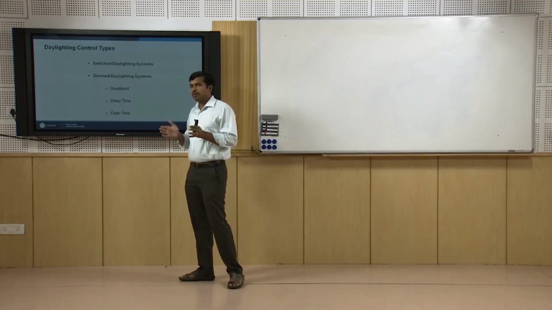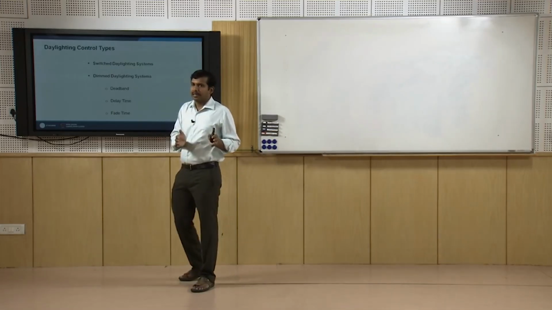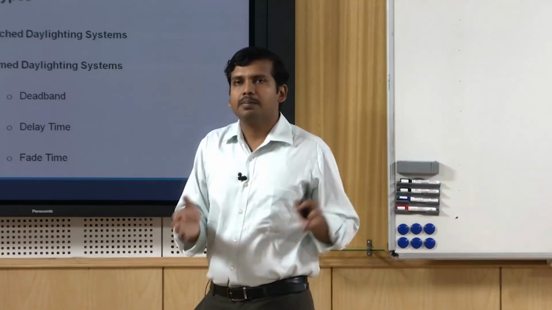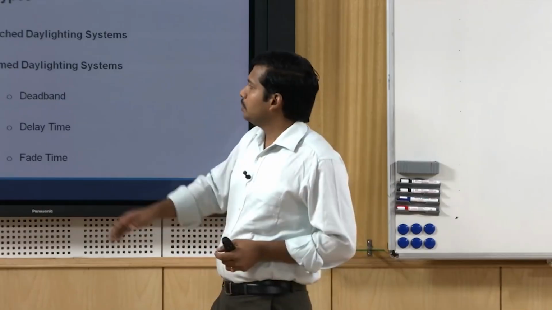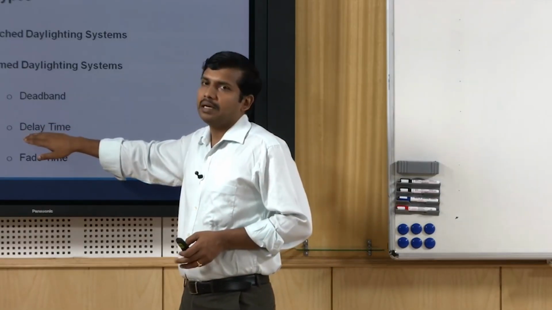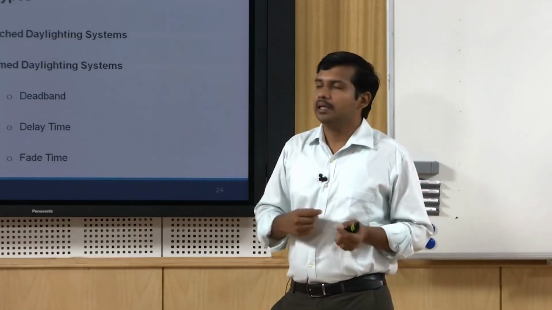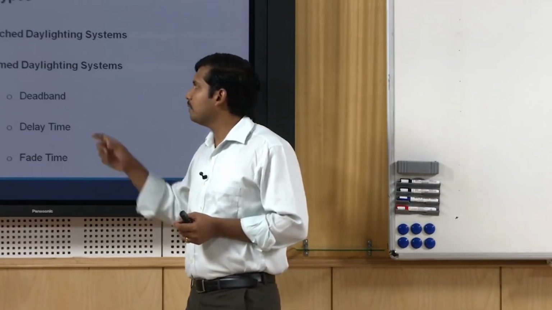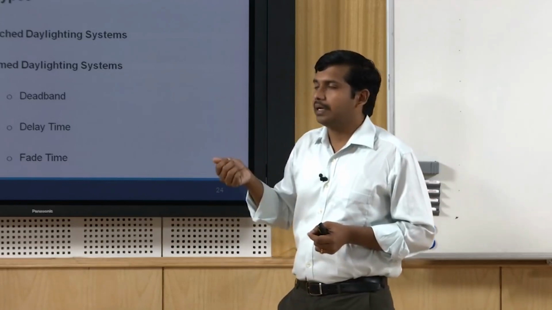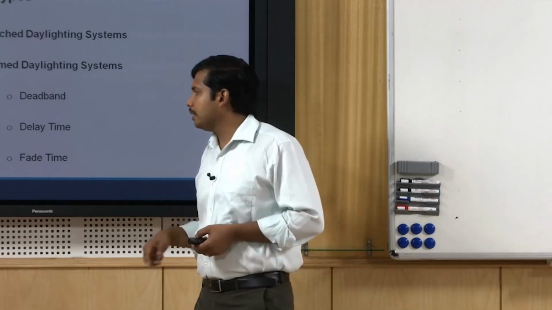So you have a very small instance of time within which the light level drops and then it comes back. So you work around with the dead band and delay time so that the sensors and actuators are not constantly turning on, turning off, or dimming and brightening the internal lights.